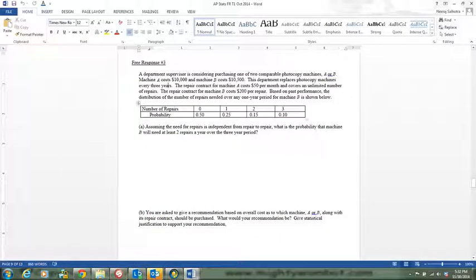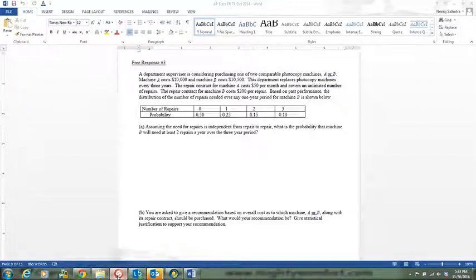On past performance, the distribution of repairs is shown below. So the distribution of repairs. Let me go ahead and copy that down onto my sheet. I'll switch the screens here in 1 second. Alright.